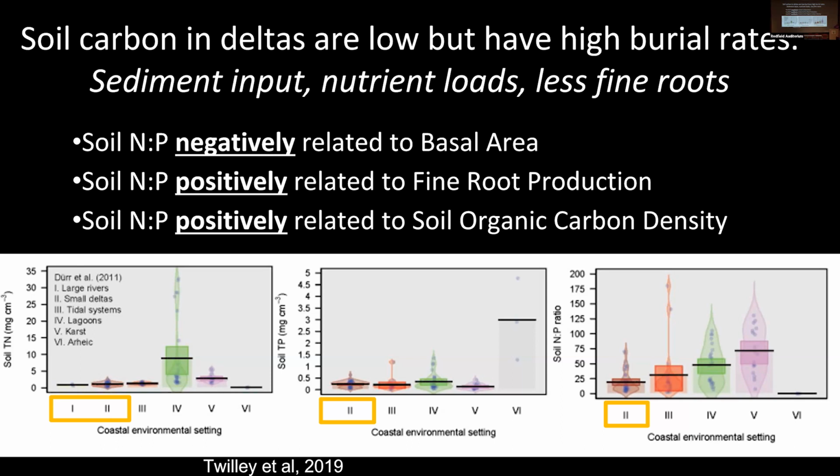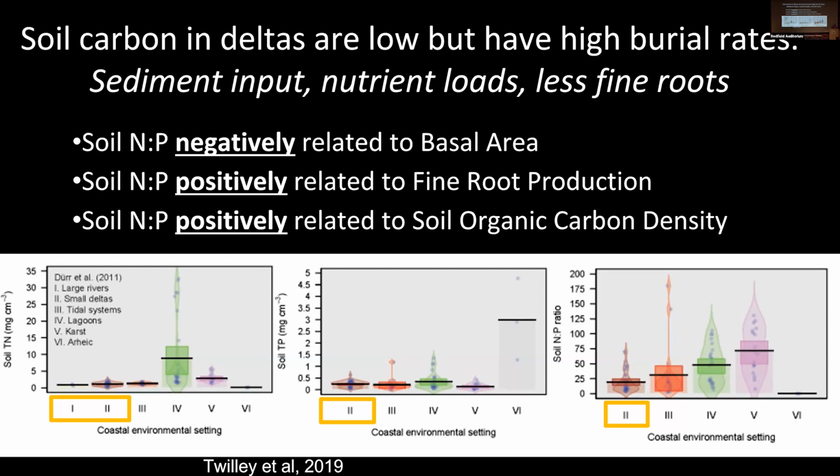And in delta systems, we have a low N to P ratio, and that means just less fine root production. And so they're putting more toward their above-ground biomass and a little bit less toward that fine root production.